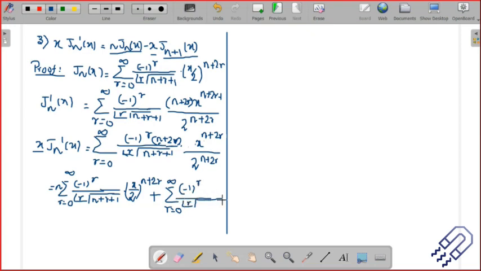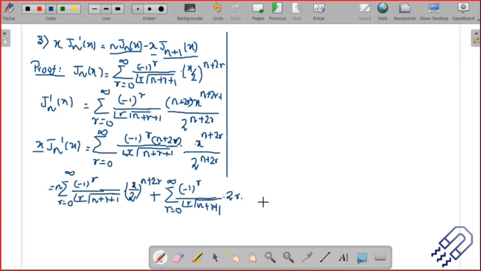Factorial r gamma of (n + r + 1). Written one term. And then what are we left out with here? Let's check. We are left out with 2r, so maybe we can write down this 2r.